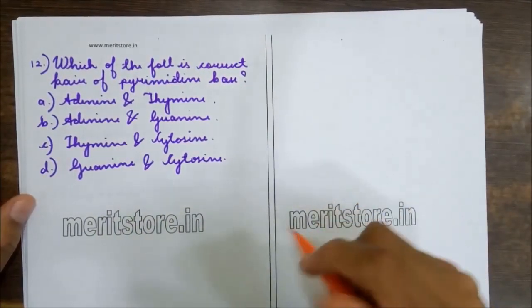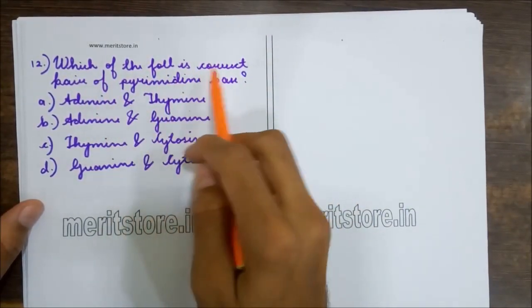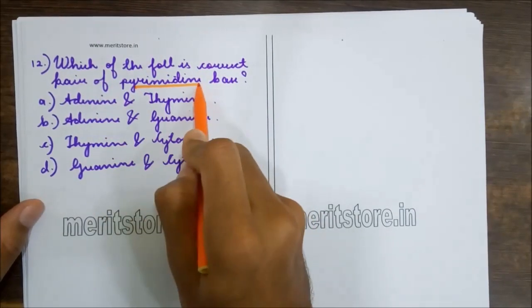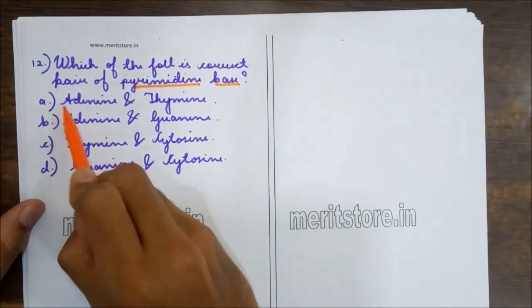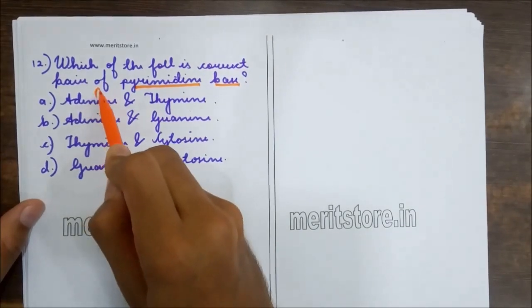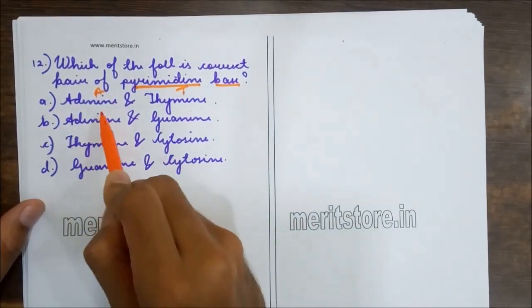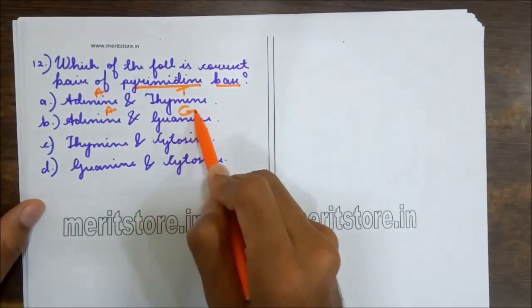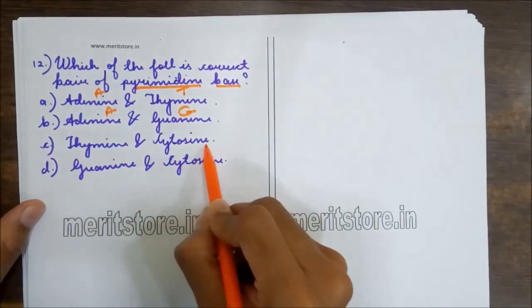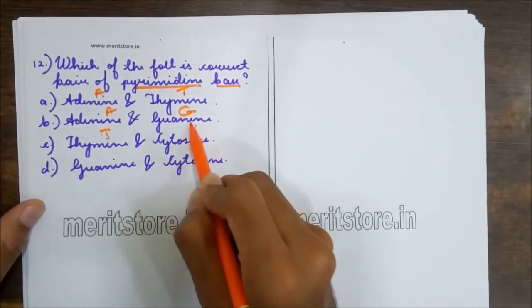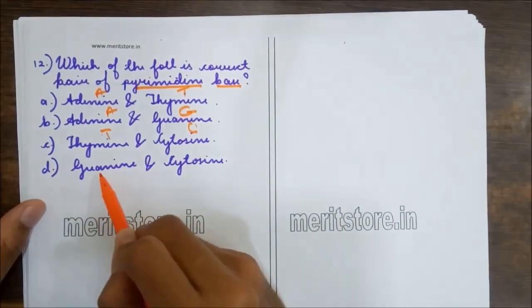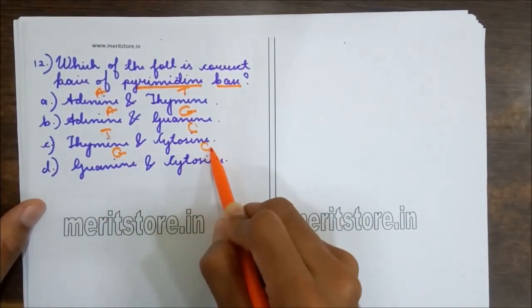Question number 12, which states which of the following is correct pair of pyrimidine base. Option A, adenine and thymine, AT. Option B, adenine and guanine, AG. And option C, thymine and cytosine, T and C. And option D, guanine and cytosine.